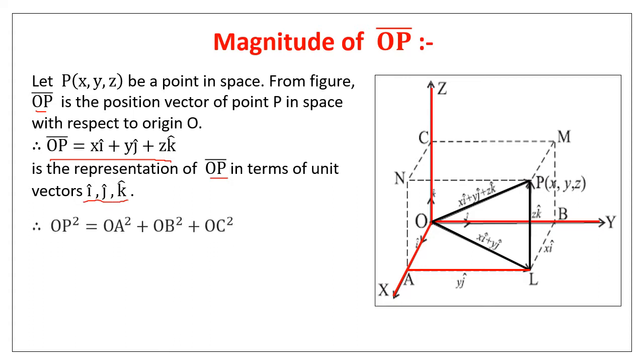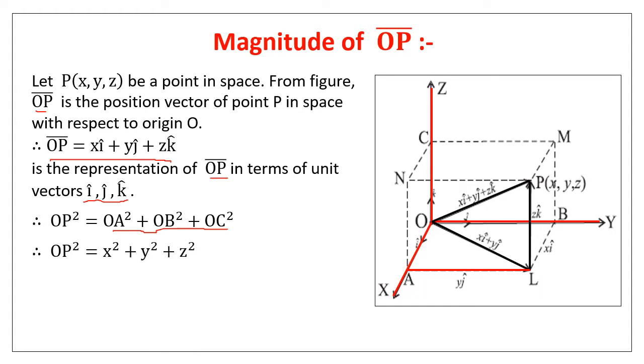So from figure, student, can write OP square equals OA square plus OB square plus OC square, as we have seen above. So OA square is x square, OB square is y square and OC square is z square. So length of OP equals square root of x square plus y square plus z square.